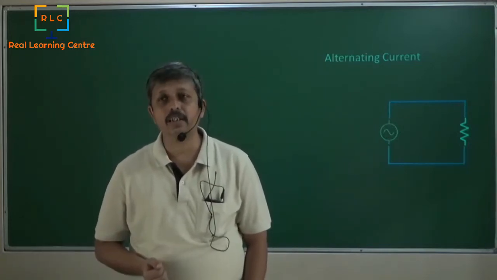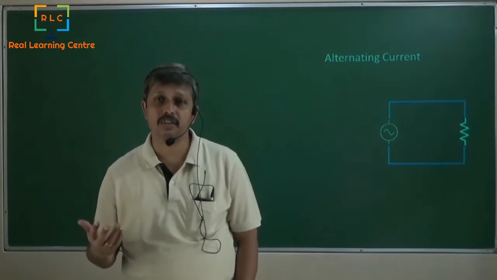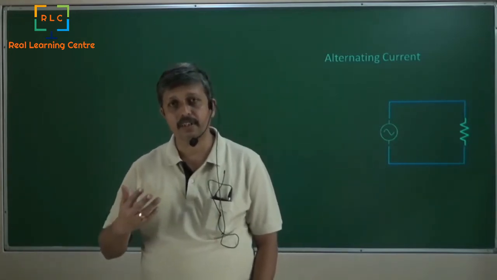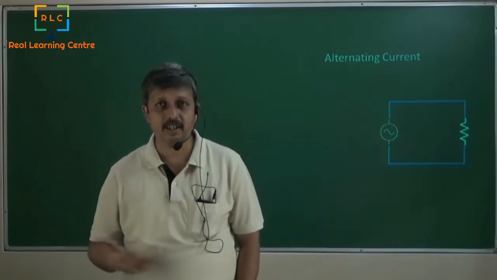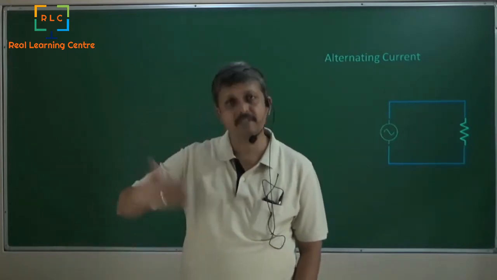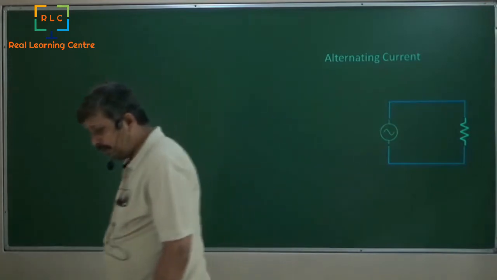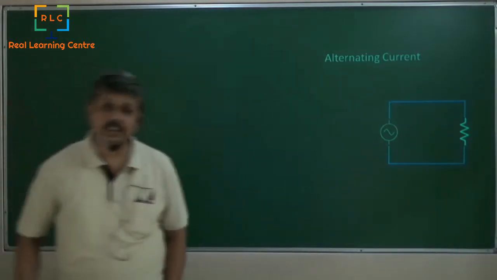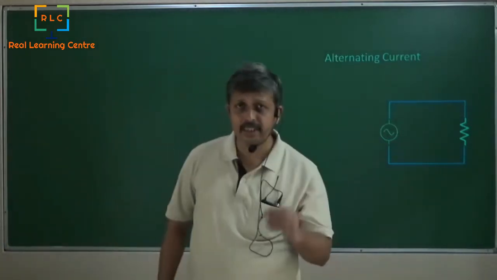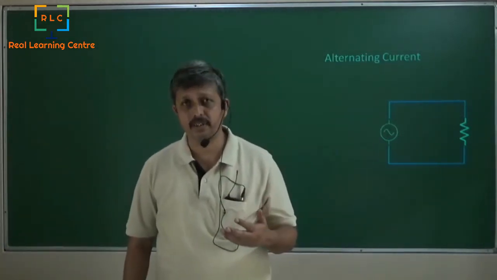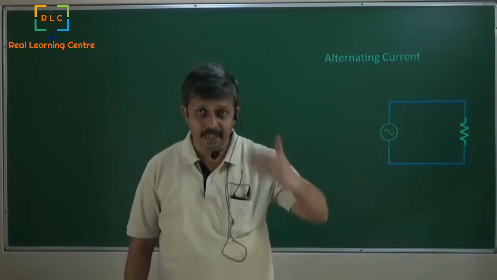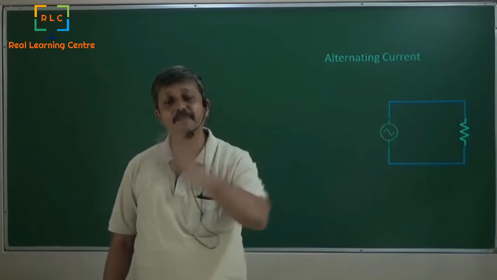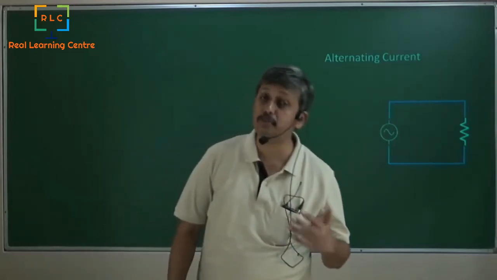And we also know how to construct a generator which gives out an alternating, varying voltage or current. In that we figured out that the current or voltage from the AC generator doesn't vary randomly, it varies quite smoothly.